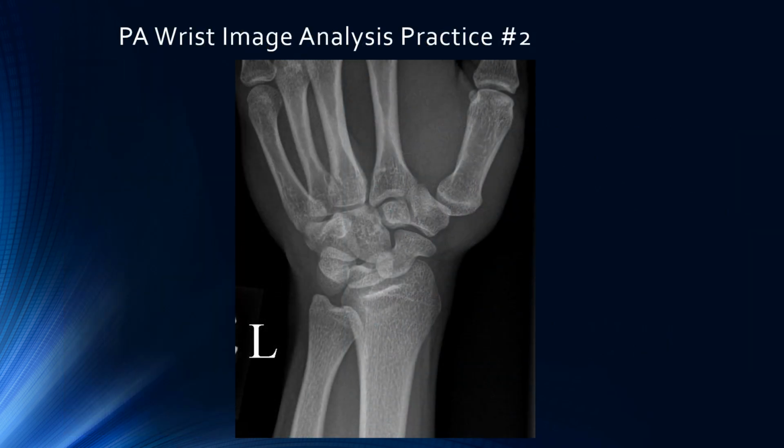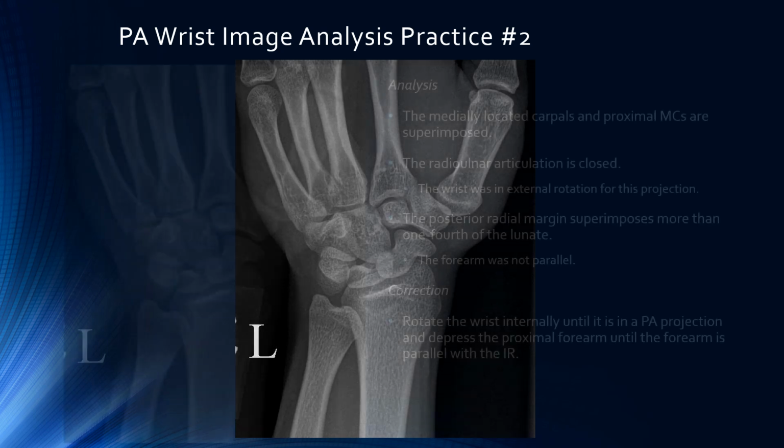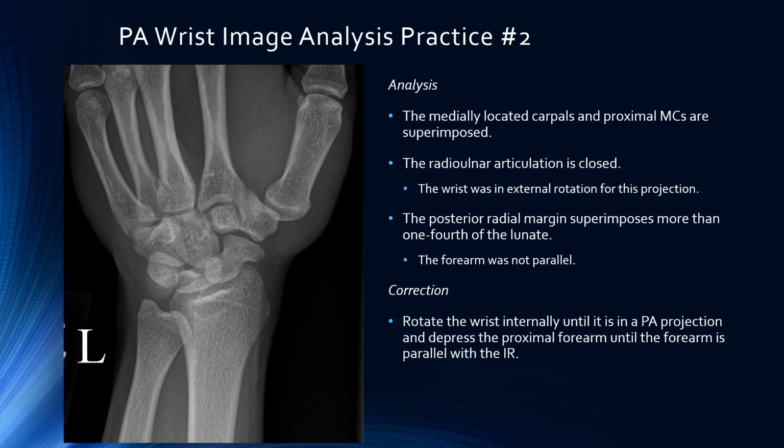PA image analysis practice number 2. What do you guys think? Analysis. The medially located carpals and proximal metacarpals are superimposed. The radioulnar articulation is closed.